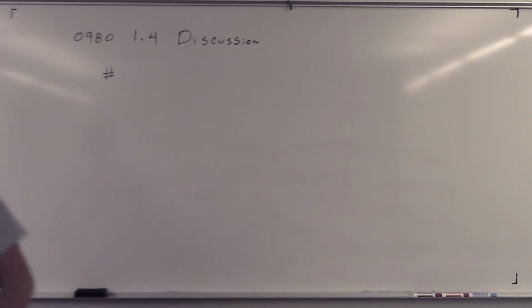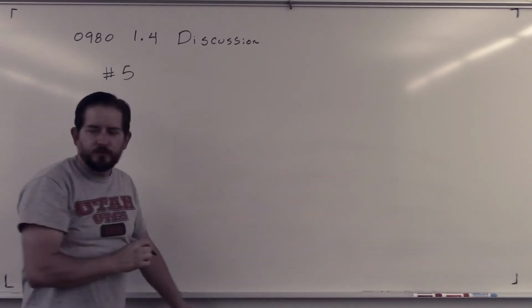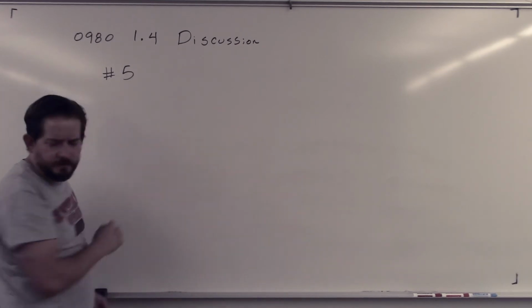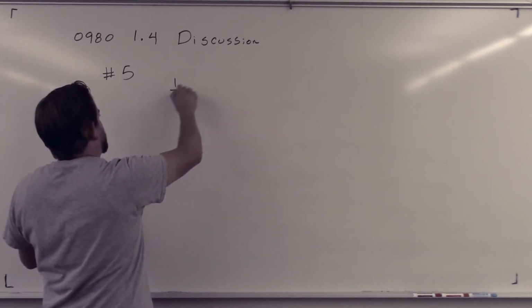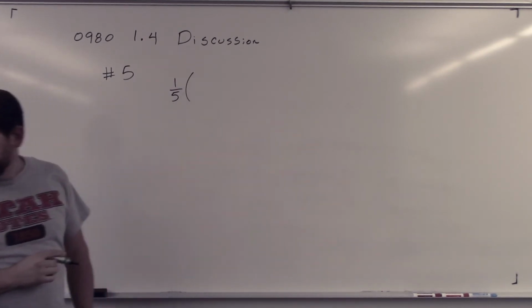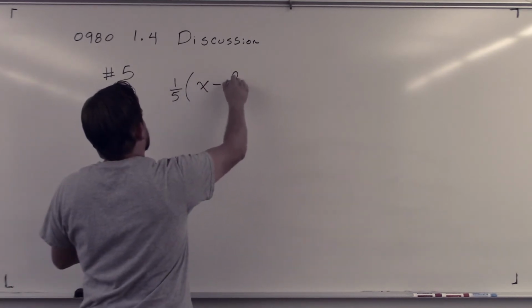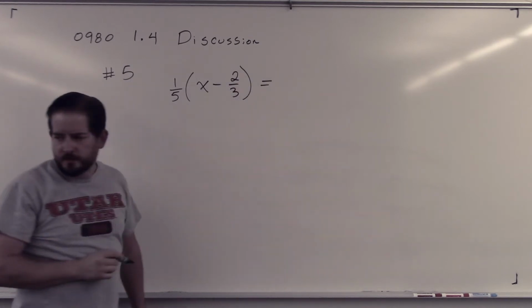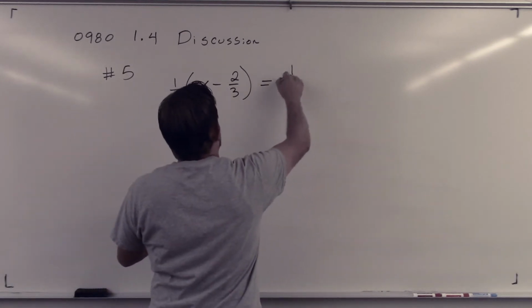I was also asked about number 5. Number 5 says 1/5, solve for the variable. So 1/5 multiplied by x minus 2/3 equals 1/15.